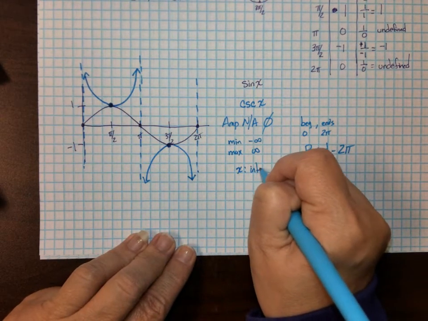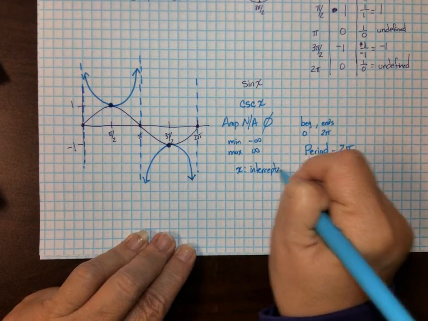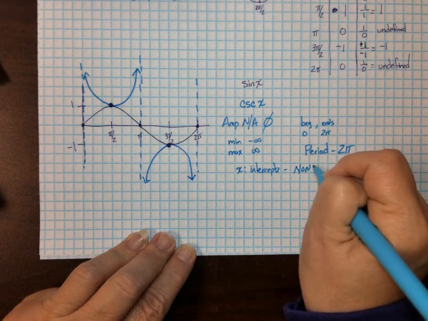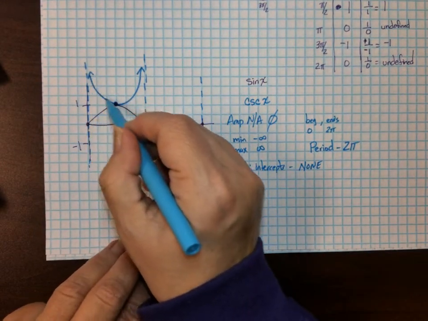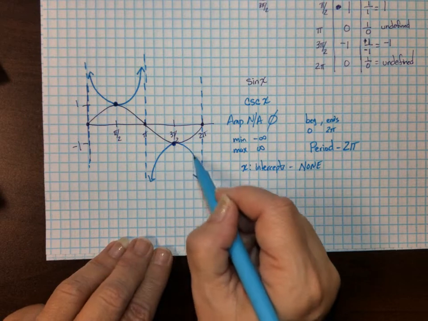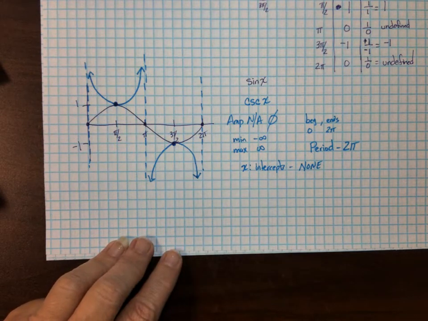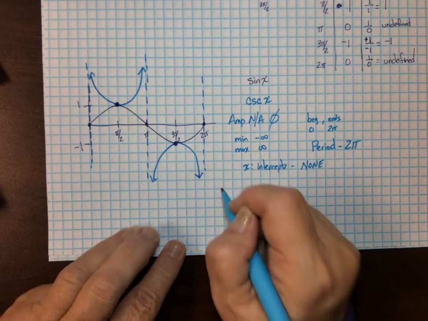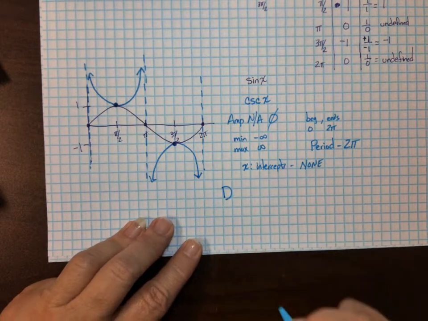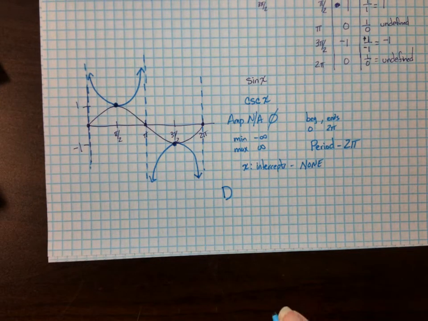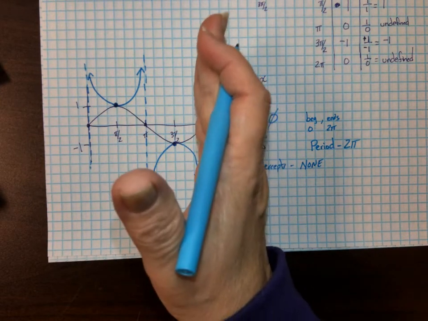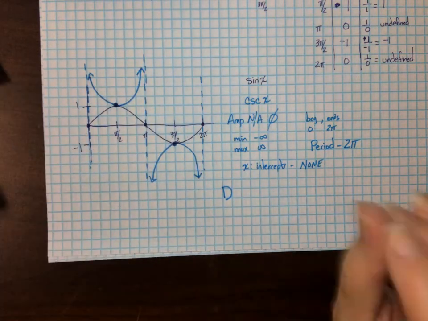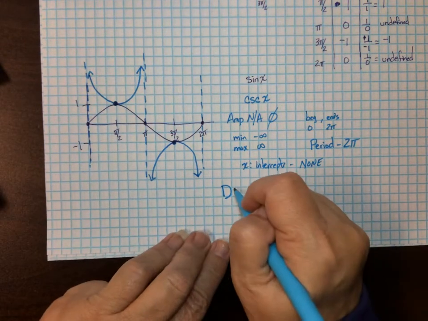X-intercepts, there are none here. Look at your graph. The blue graph is never touching the x-axis. But now our domain. Like tangent and cotangent, the domain here gets a little tricky because anytime you have an asymptote, you've got to restrict your domain.